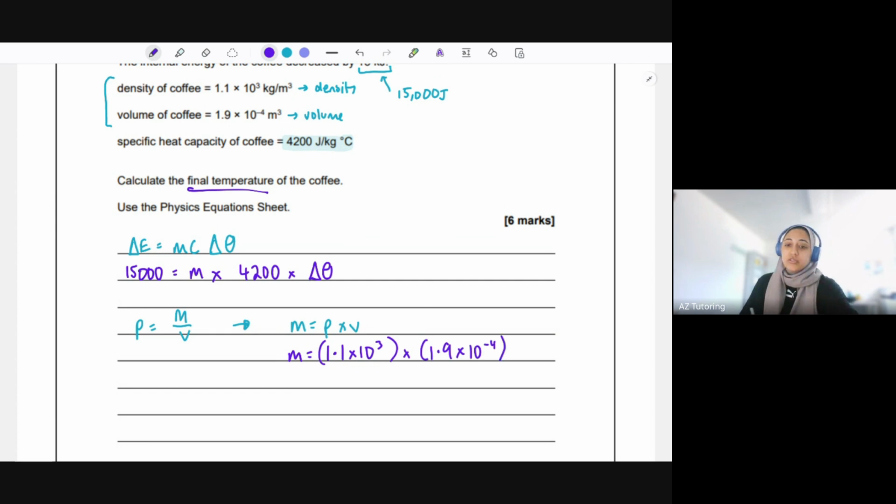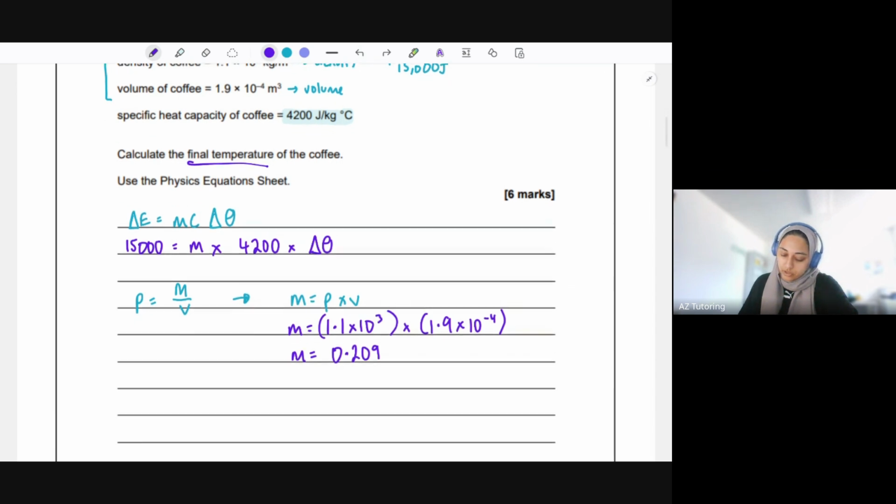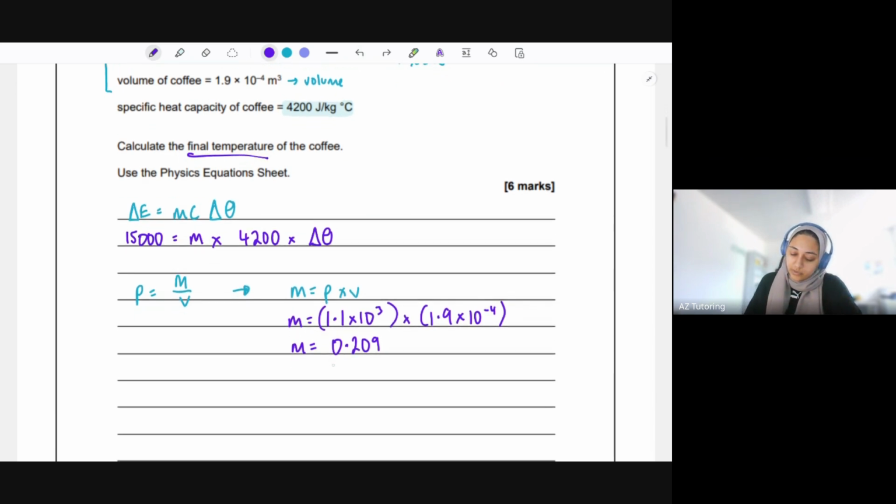Remember, we've already checked the units are okay. So putting that in the calculator, we get 0.209, and the units are grams for this. Okay. So we've got the mass now. So now we're going to substitute this into here.